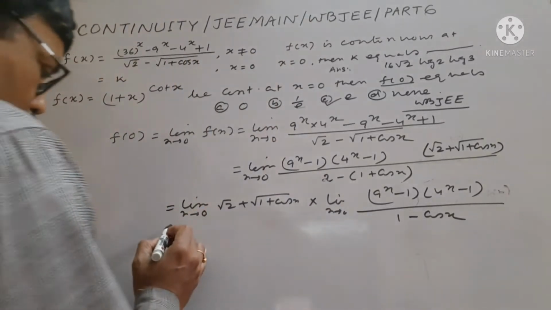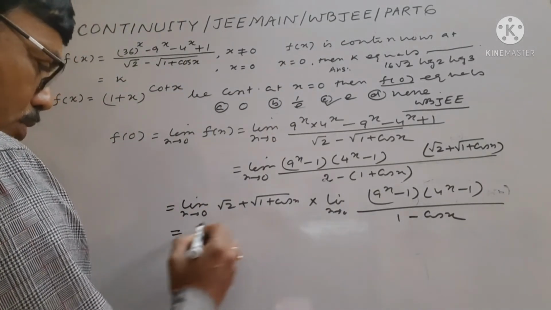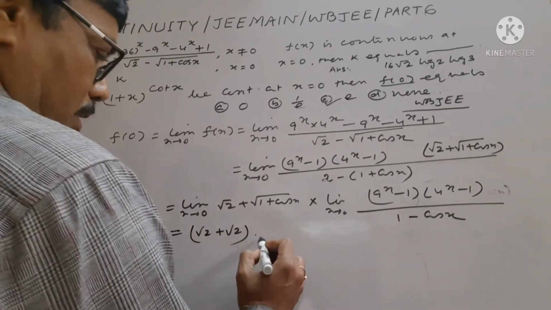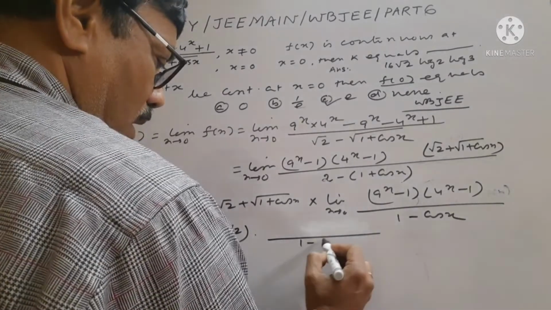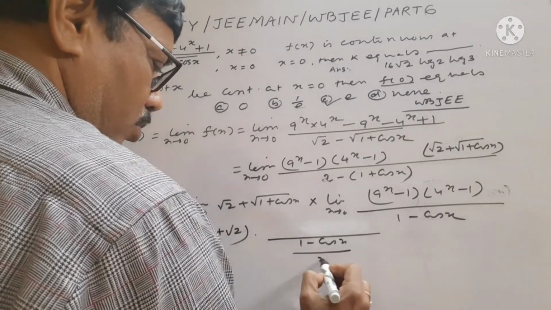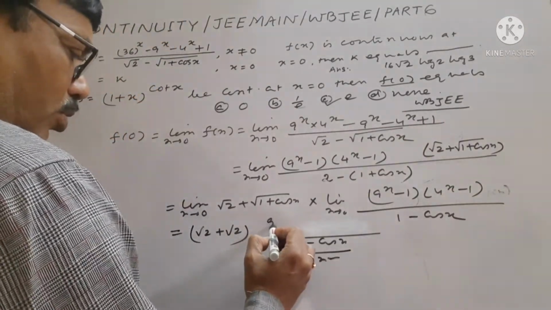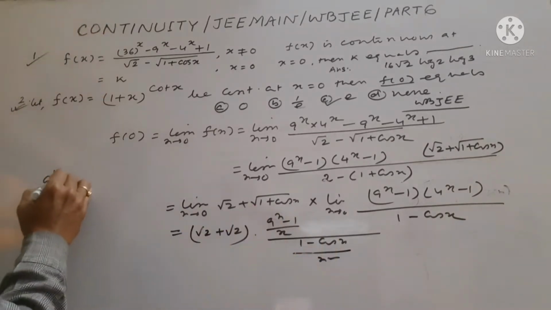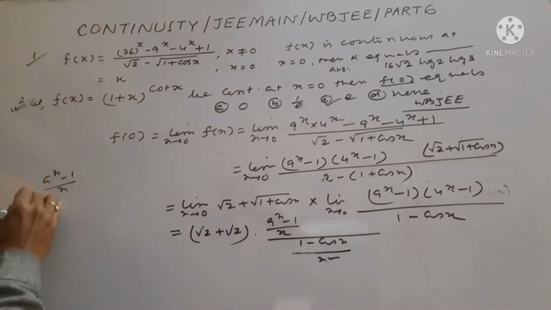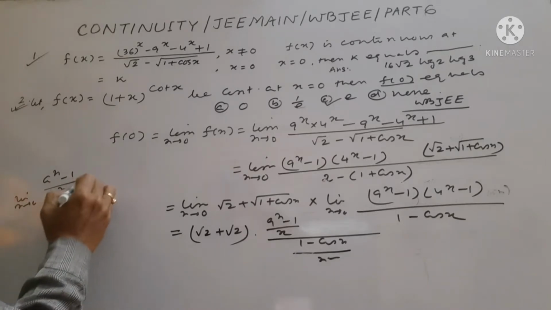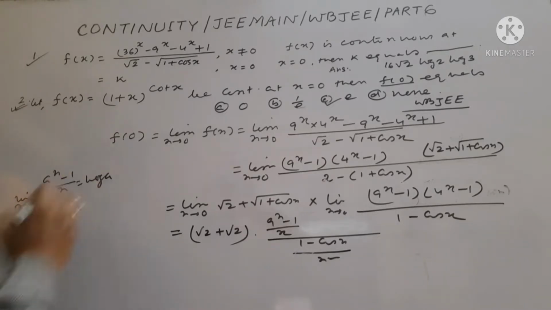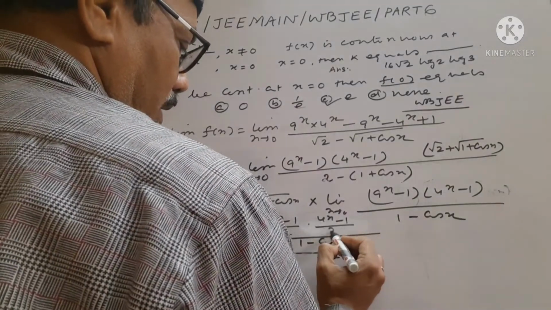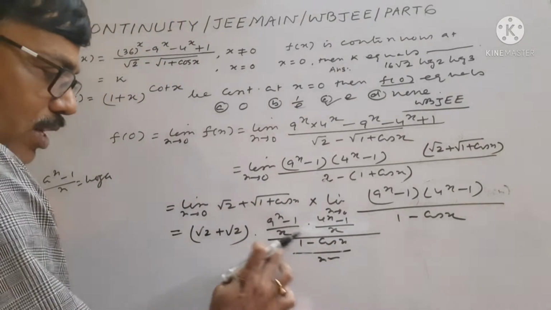Now if we put x equals 0, this is root 2 plus root 2. And you know 1 minus cos x by x square is half. So 9 to the power x minus 1 by x, and a to the power x minus 1 by x as x tends to 0 equals log a. So this is 4 to the power x minus 1 by x. So x square is balanced.